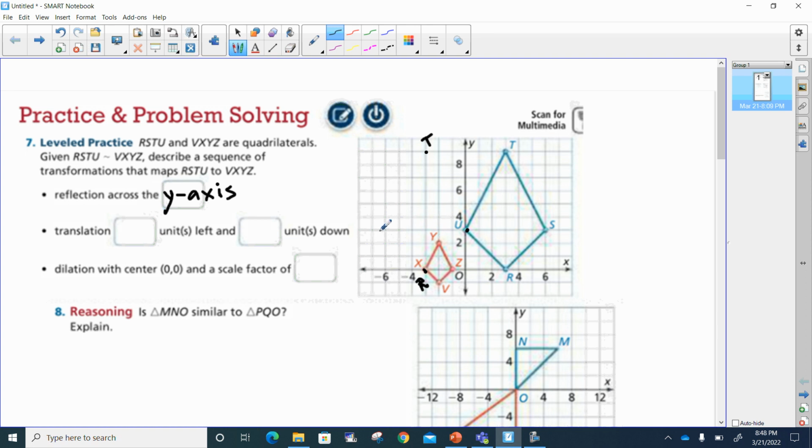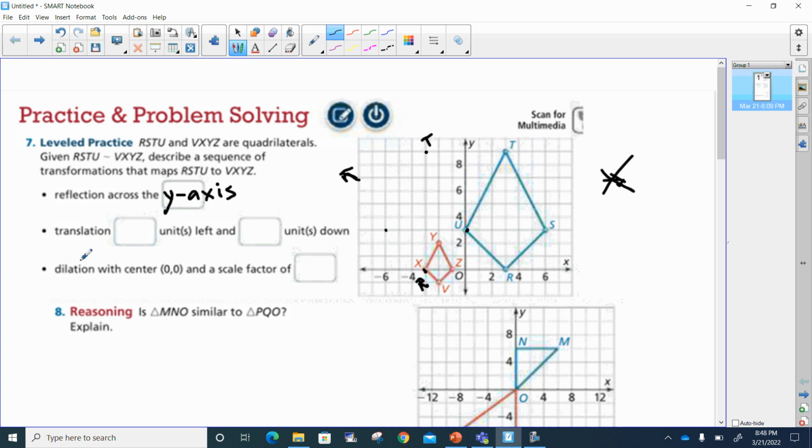Remember, S is over here at 6, or -6. So I have to go in this direction, right? I cannot go to the right, according to the directions. Can't go this way. So it kind of makes sense, though, because think about it. How much bigger is this image than this image?